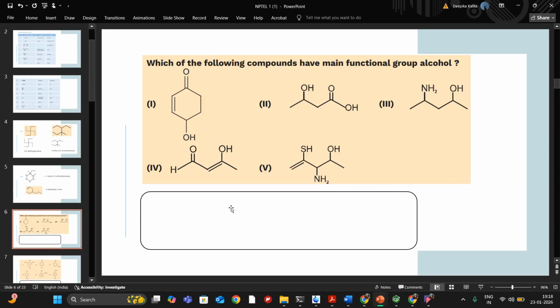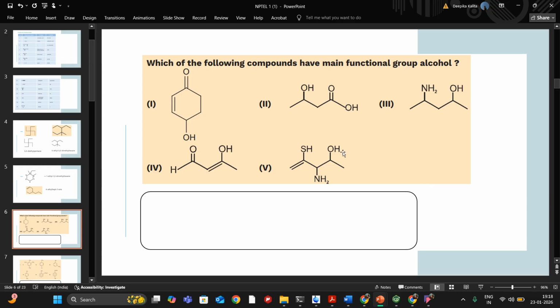Here we are going to talk about more number of functional groups. Which of the following compounds have main functional group alcohol? All these 5 compounds which I have listed here are having alcohol functional group.